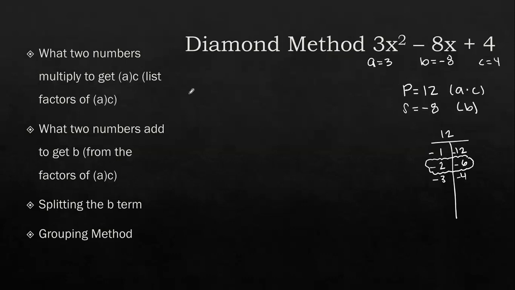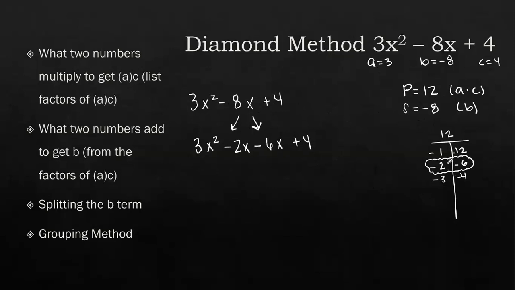So I'm going to rewrite my trinomial, 3x squared minus 8x plus 4, and I'm going to split my middle term. So it turns into 3x squared minus 2x minus 6x plus 4.